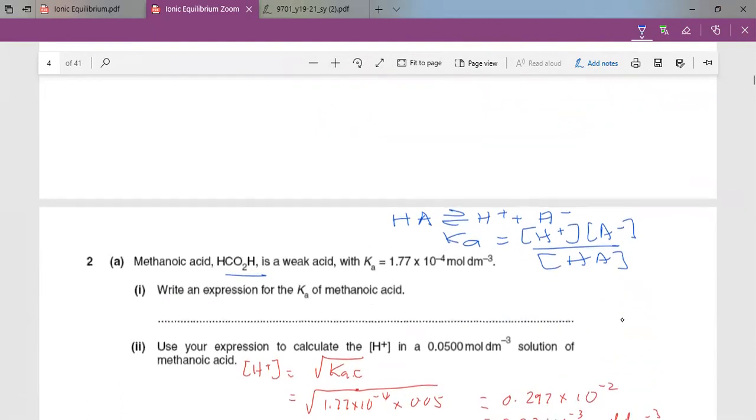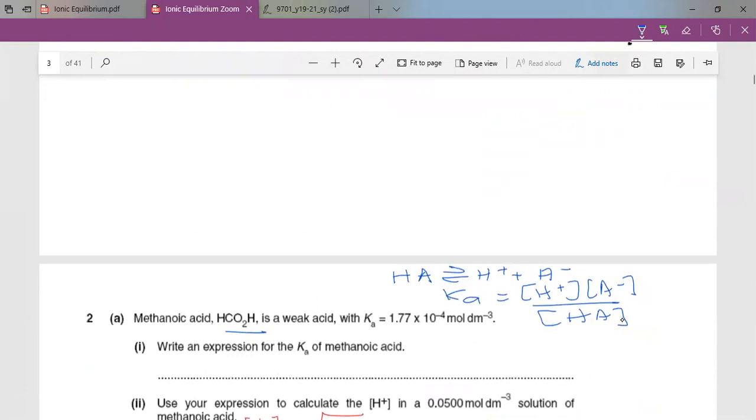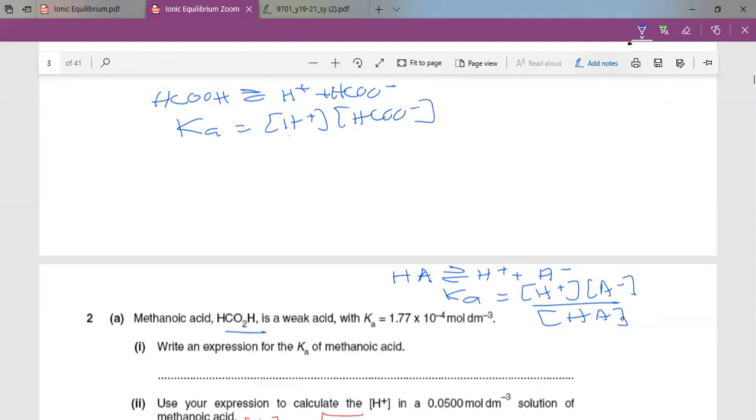Okay? Let's do it up here. Okay, we got space. So remember your methanoic acid, HCOOH, reversible, is a small one, that's why they say put the whole thing, HCOO minus. So Ka is equal to the concentration of H plus and your HCOO minus over the acid.